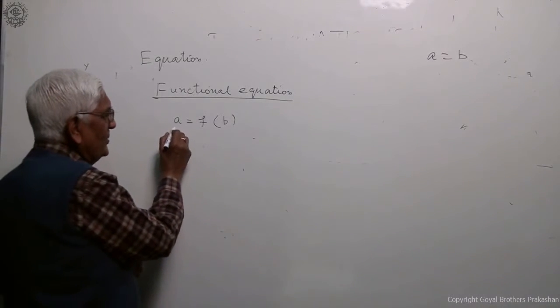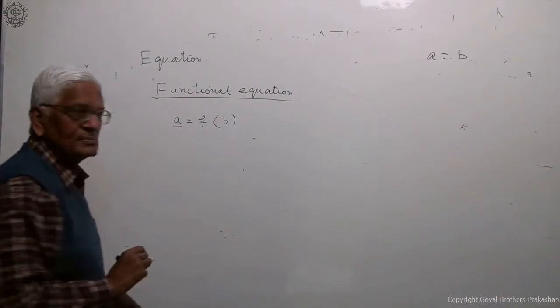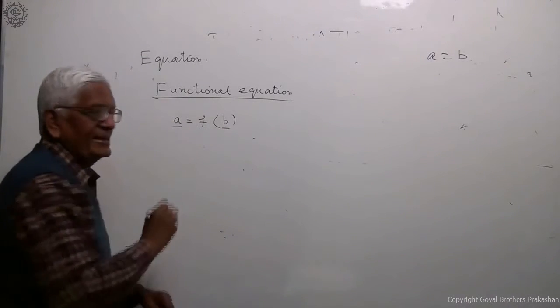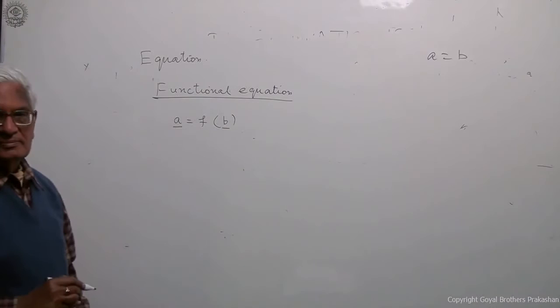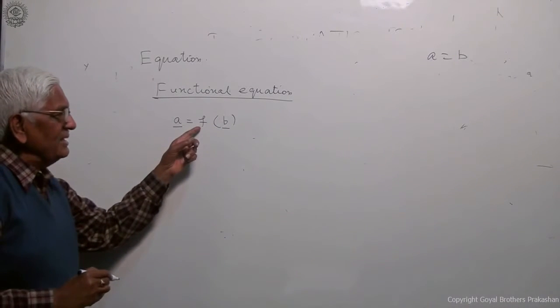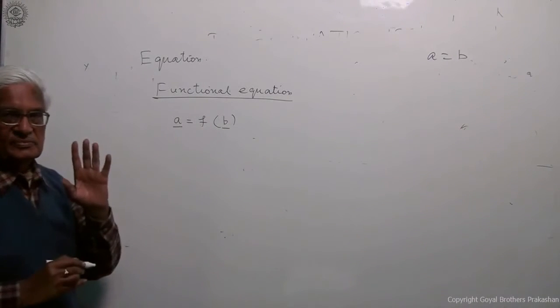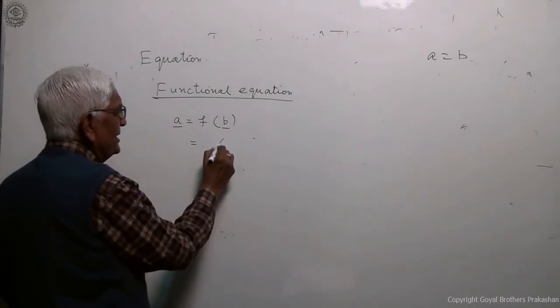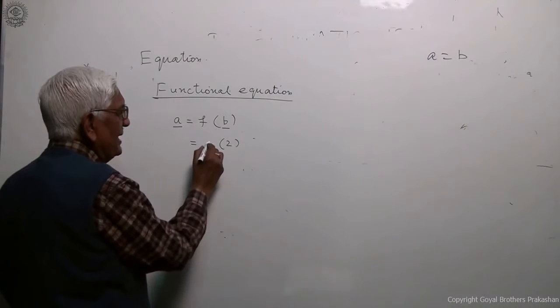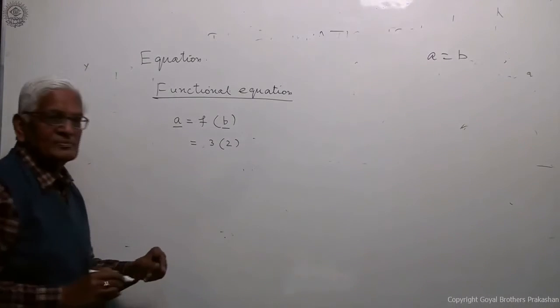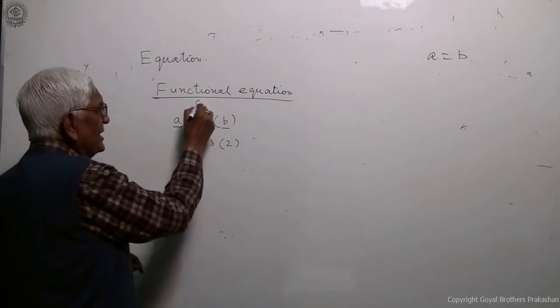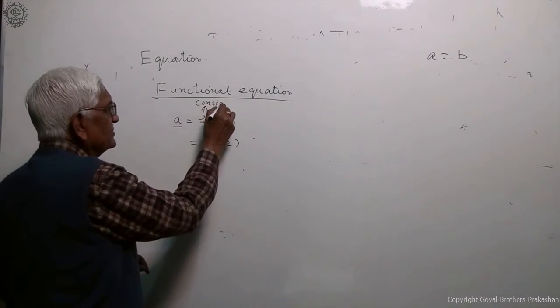That what will be the value of A will depend on the value of B, and simultaneously the value of F. Suppose B is 2 and F is 3. Remember, another term used, I think you are familiar with that, this is constant.